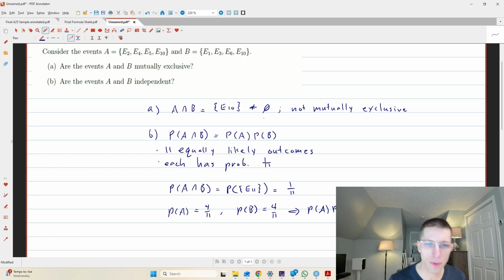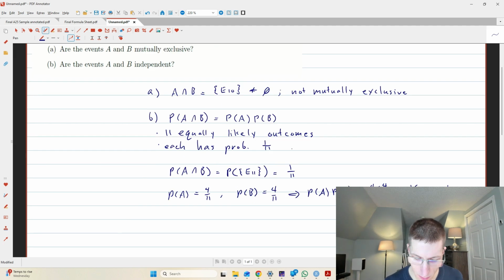So this property of P of A intersect B equal P of A times P of B is violated. So that means they're not independent. Okay, so that's how you do question 10.